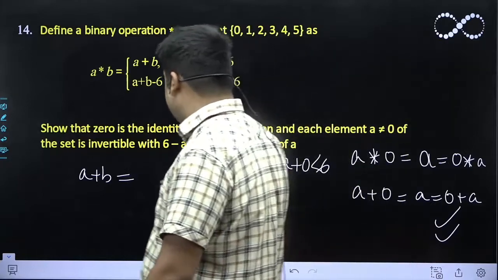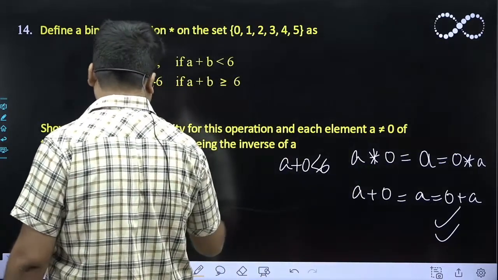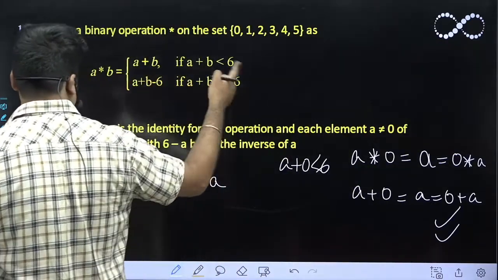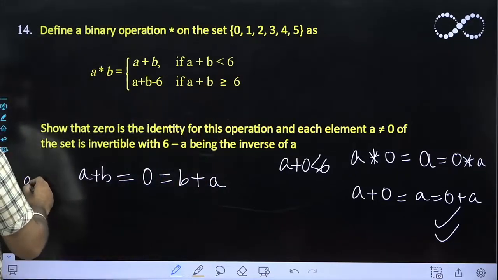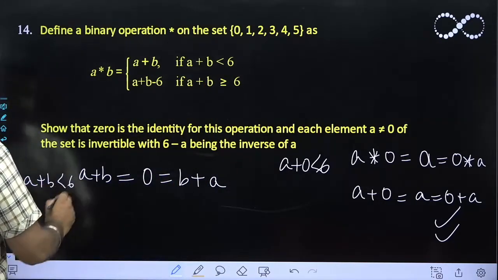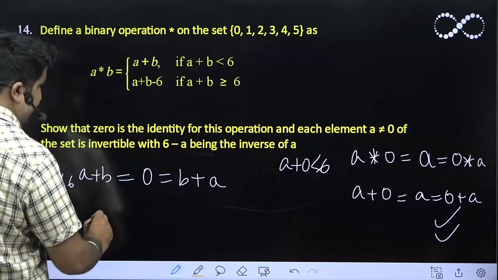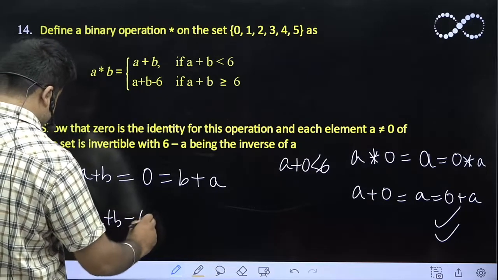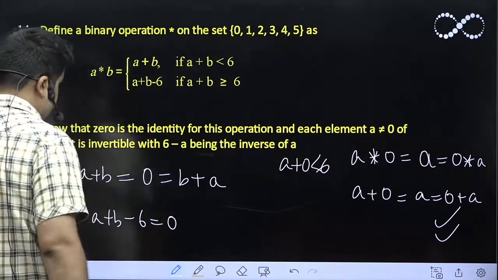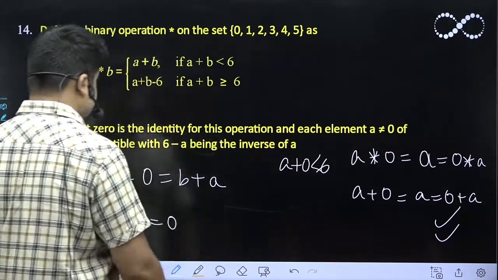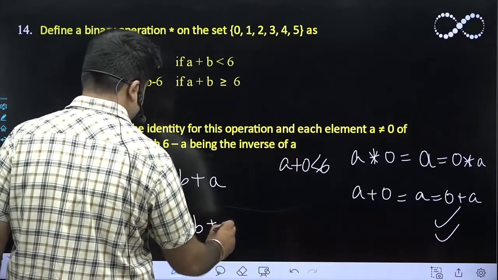A plus B should be equal to 0, and this should be equal to B plus A, if A plus B is less than 6. So this is the first case. And the second case is if A plus B is greater than or equal to 6, then A plus B minus 6 should be equal to 0, which is equal to B plus A minus 6.